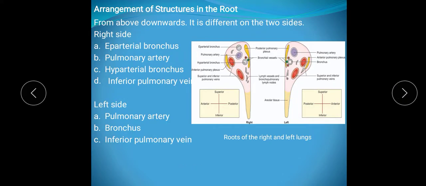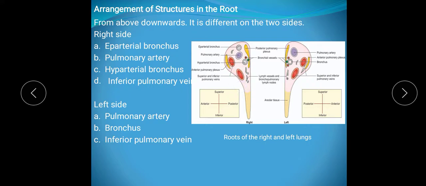Then the arrangement of the structures in the root from above downward. This one is the right root of the lung. The structures from above downward are the epiarterial bronchus, then the pulmonary artery, then the hyparterial bronchus, and the lowest one is the inferior pulmonary vein. These are the structures commonly asked in the exam.